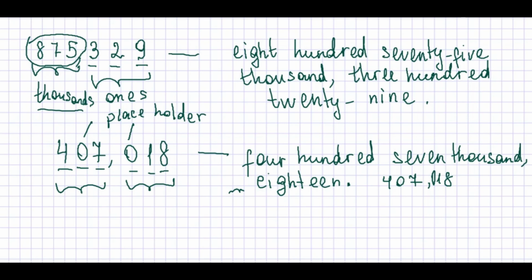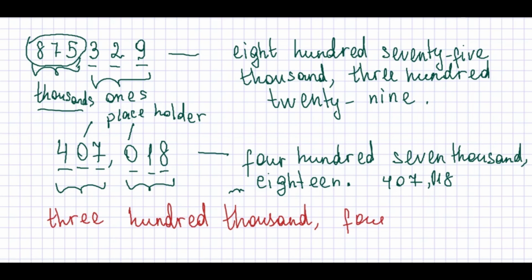Okay, now I will write a number in words and we will write that number in digits. There you go. Let's just write. 300,000 4.